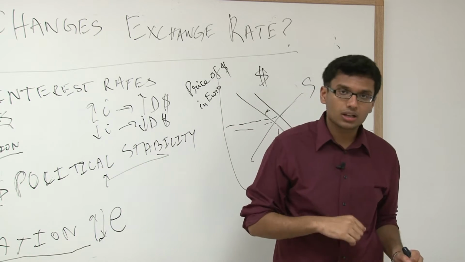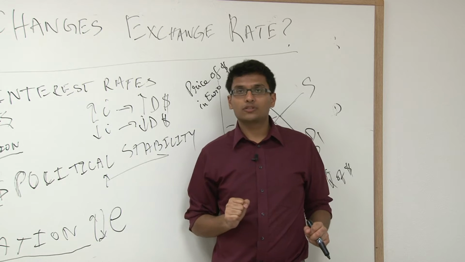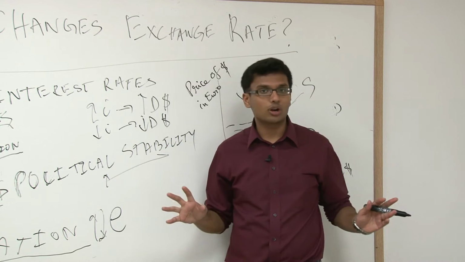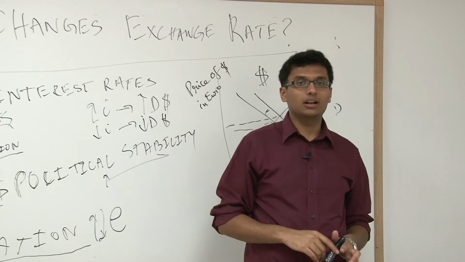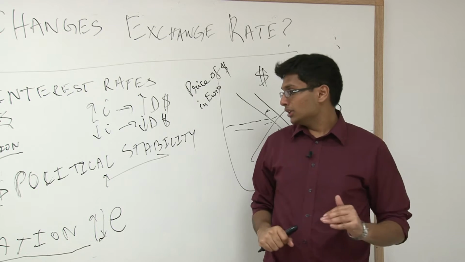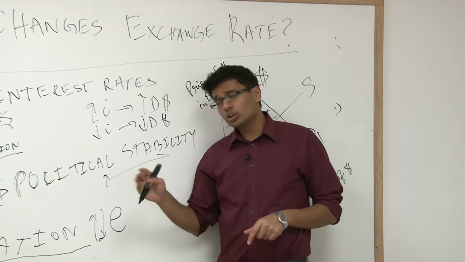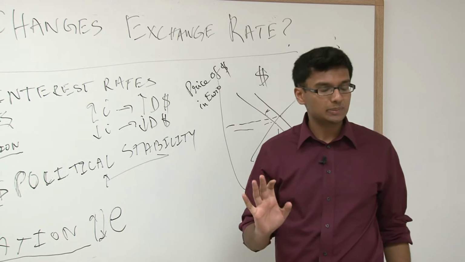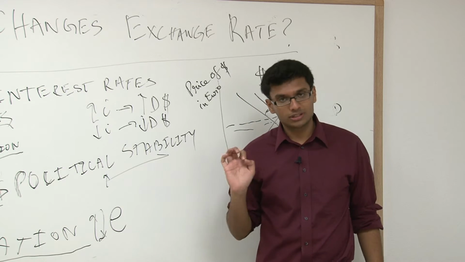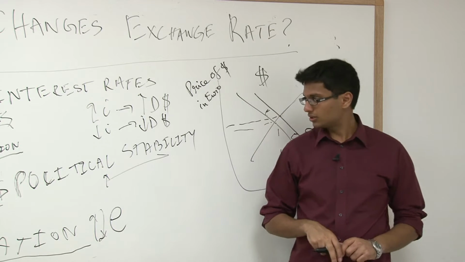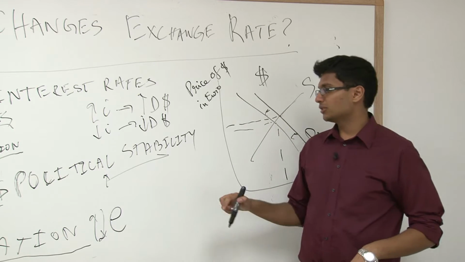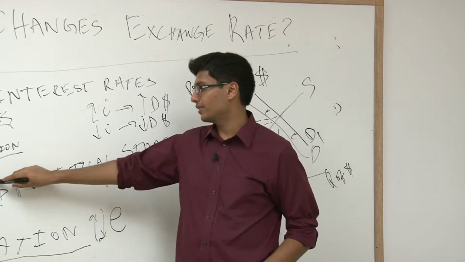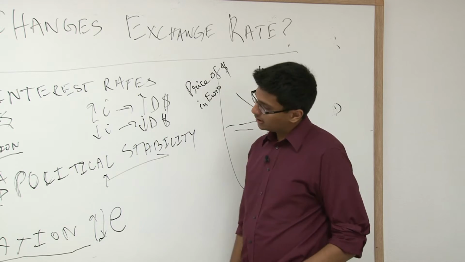If you look at South America, Africa, Asia, there are a lot of parts of the world that have unstable economies. So if there's higher political stability, generally speaking, the currency is stronger. So political stability has to do a lot with exchange rates.